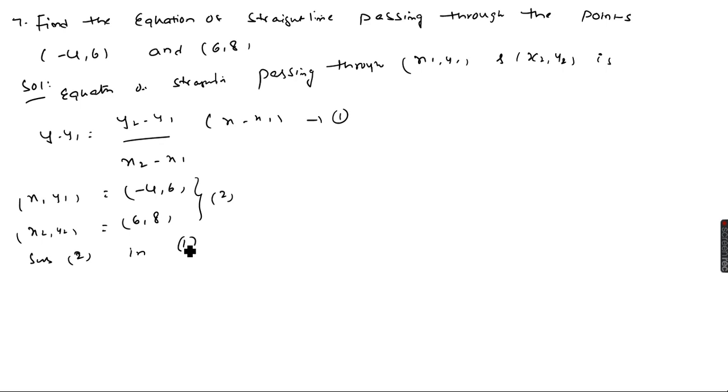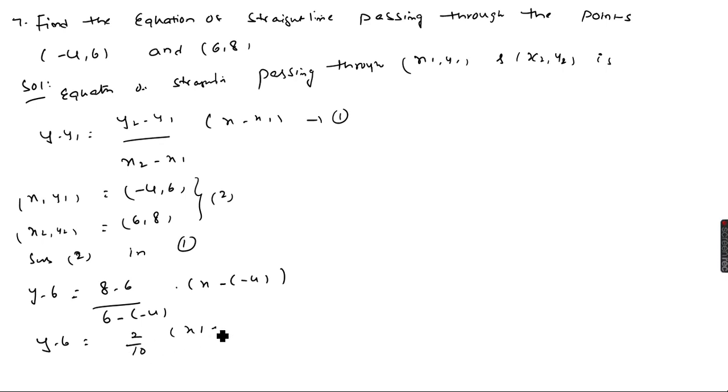So y minus 6 equals (8 minus 6) divided by (6 minus of minus 4) into (x minus of minus 4). That is y minus 6 equals 2 by 10 into (x plus 4). Two ones are two, two fives are ten.